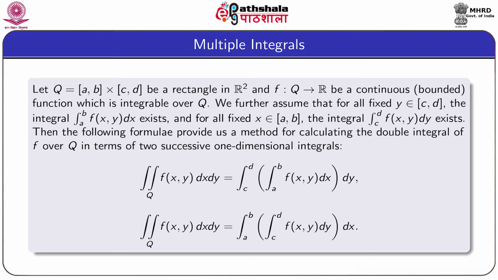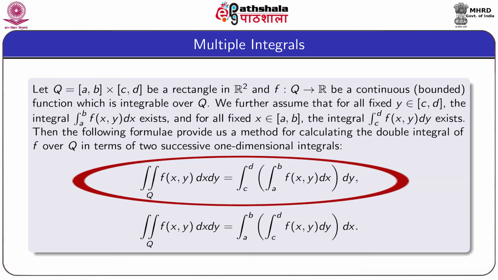So, clearly it is bounded and also integrable over Q. We further assume that for every fixed y from CD, the integral a to b f(x,y) dx exists, and for all fixed x from the bounded closed interval AB, the integral c to d f(x,y) dy exists. Then the following formula provides us a method for calculating the double integral of f over Q in terms of two successive one-dimensional integrals.